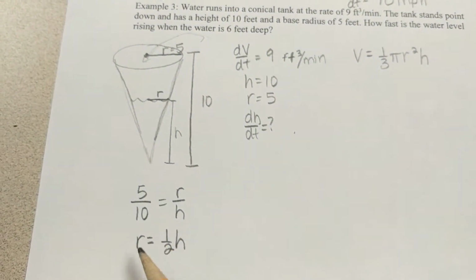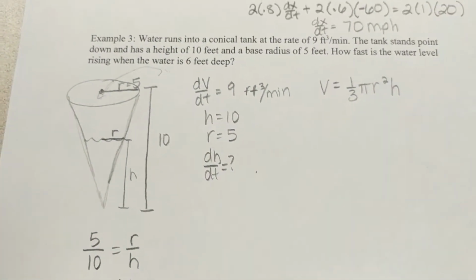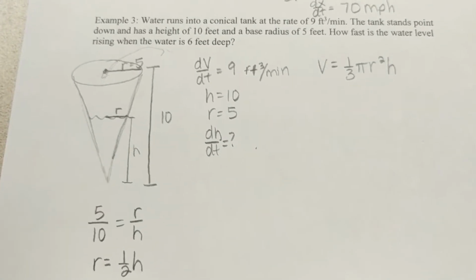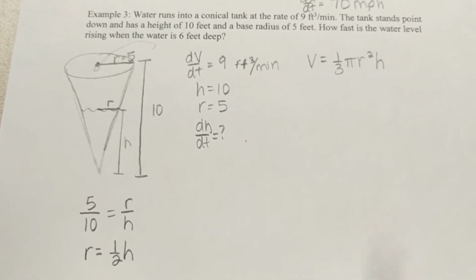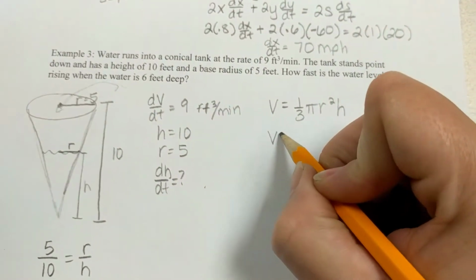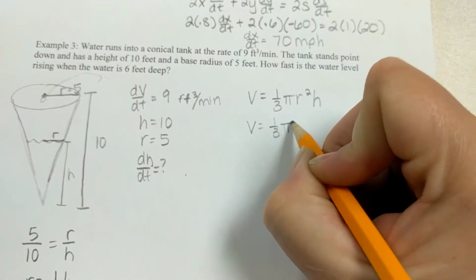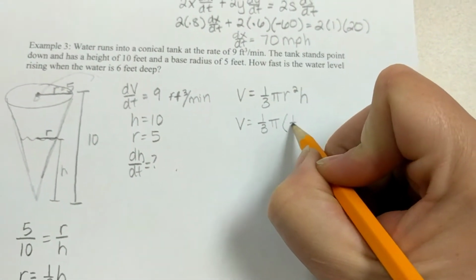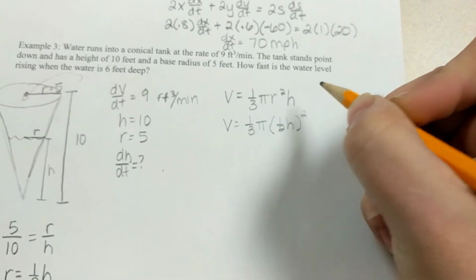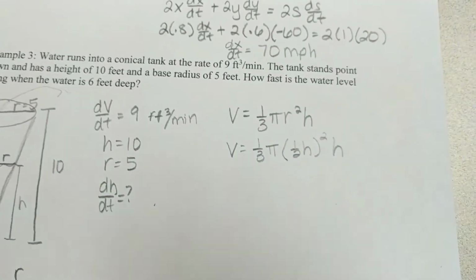So I can use this information in this equation, and now my equation will be completely in terms of h. So my new equation is 1/3 pi (1/2 h) quantity squared times h.